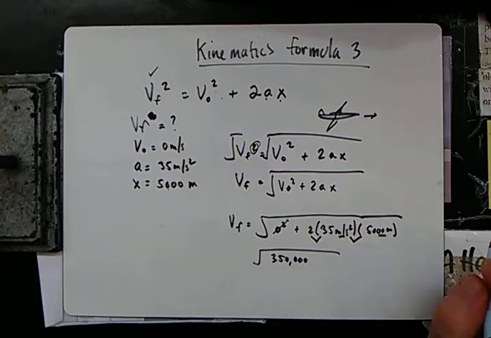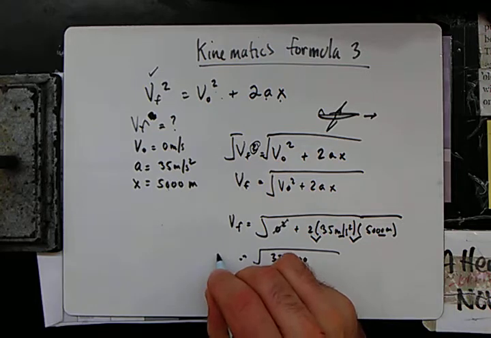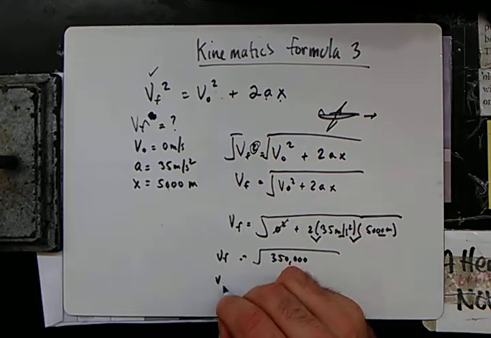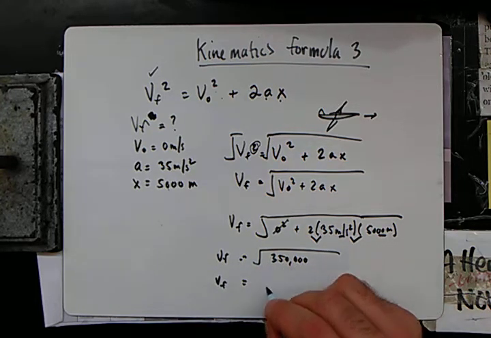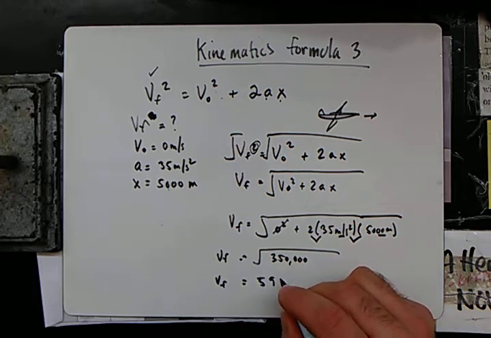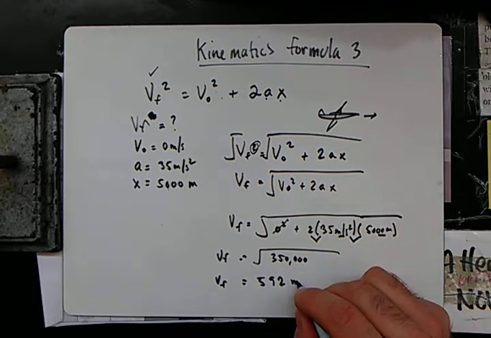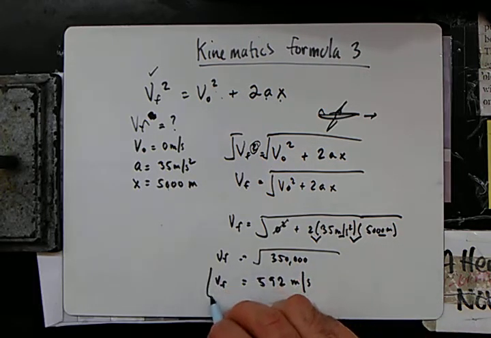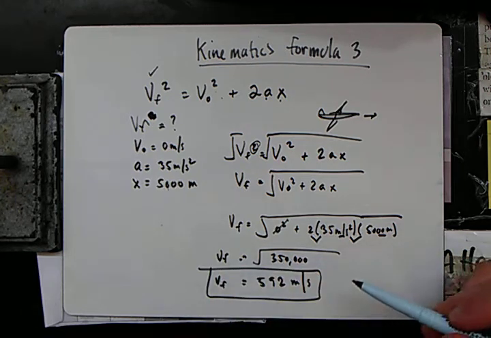And don't stress the units because they do work out according to the equation we have. Then I just take the square root of that number and I end up with about 592 meters a second. So what I did was I solved for the final velocity.